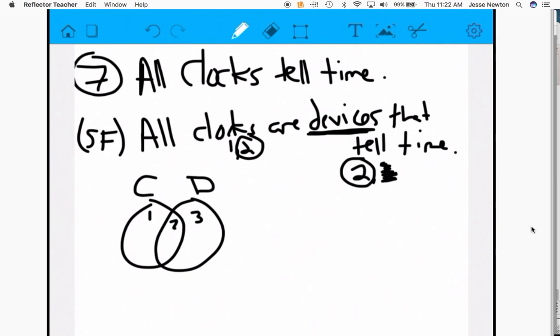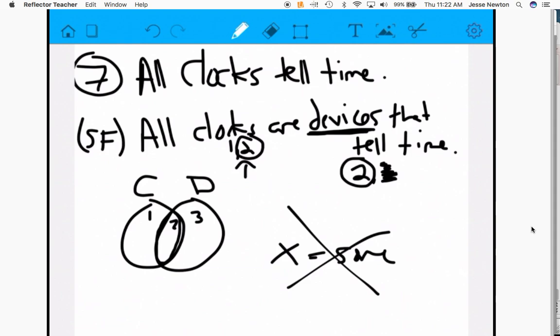And what we're saying here is all the clocks that exist are located within 2. So if all the clocks exist here, how do we represent that? We don't use an X because X represents some, so that's not going to work. The only device we have left is shade, but shade represents empty. So we wouldn't shade in 2 because that would say nothing is in 2.